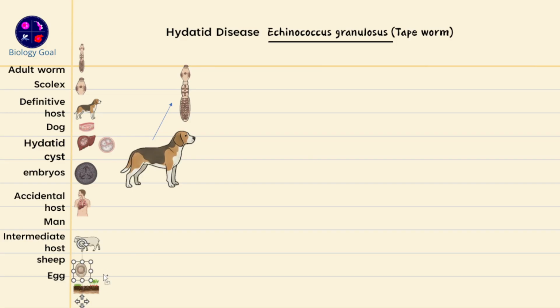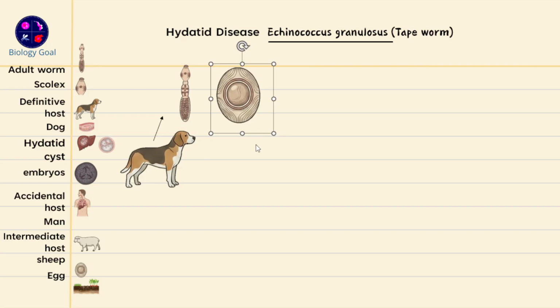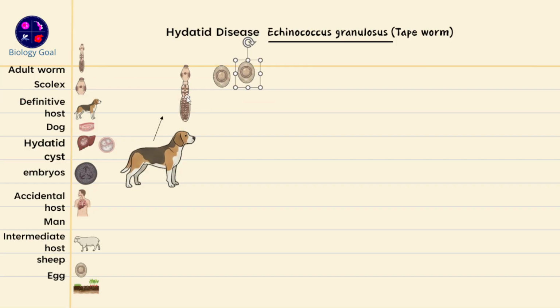So let's bring the eggs over here. Not just a single egg. I'll enhance this to show you that this is the egg of Echinococcus granulosus. Very tiny, very small eggs will be released by this particular parasite. Let me rearrange these things a little bit so the life cycle is complete in one page.